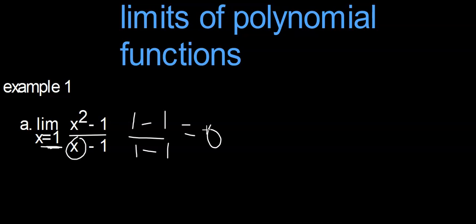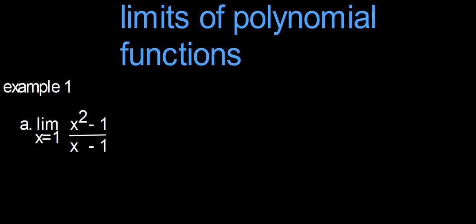But if it is 0, you just have to simplify it and substitute again. I don't want you to get confused, so we'll apply this in examples, and that's going to help you understand.